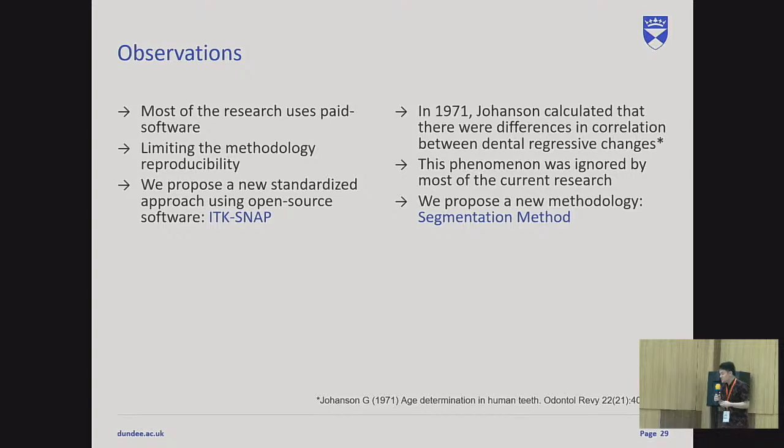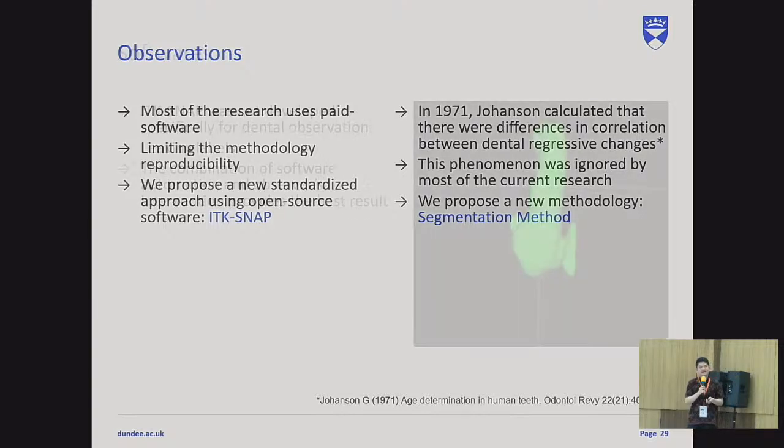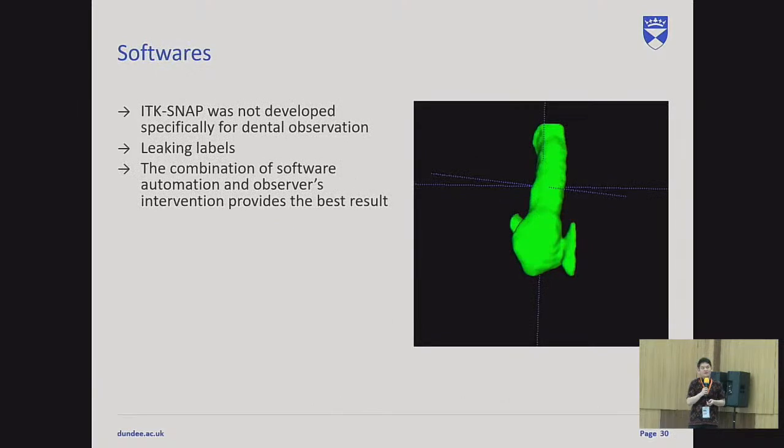So we propose a new method. This is the segmentation method. Jadi kita mau bagi. Bisa nggak kita bagi? In the software, it is a bit hard because the ITK-SNAP is free, so what do you expect? It's always leaking. If you can observe in the canine there, I try to measure the volume of the canine, it always leaks.